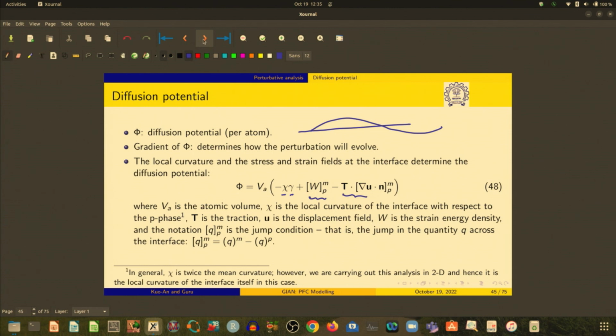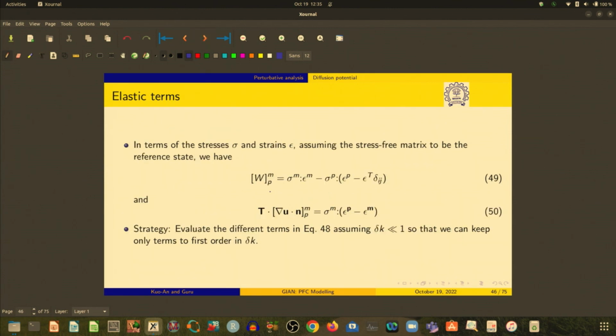Please look at Sridhar-Rikman-Strolowitz, and in terms of stresses and strains, this Wp is nothing but sigma m epsilon m minus sigma p epsilon p minus the eigenstrain, right, because that is a stress free strain that has to be subtracted. The sigma epsilon gives the energy only in the case of elastic stresses and elastic strains. So, from the total you have to subtract the eigenstrain to get the elastic one.